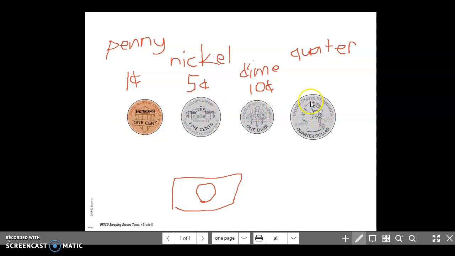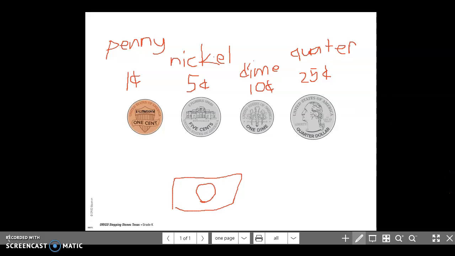This is actually the biggest. And this is worth 25 cents. Now, how many quarters would you need to make a dollar? Remember, a dollar is 100 pennies or 100 cents. And if you have something that's 25 cents, you would need just 4 of these to make a dollar. So a penny, nickel, dime, and quarter.